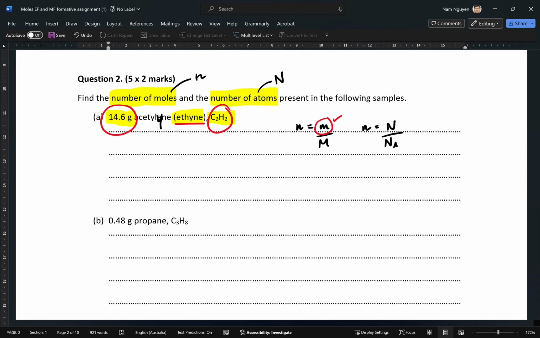We know that we are trying to determine number of moles. We're also trying to find out the number of atoms present, but we don't have number of moles, and we also have Avogadro's number.